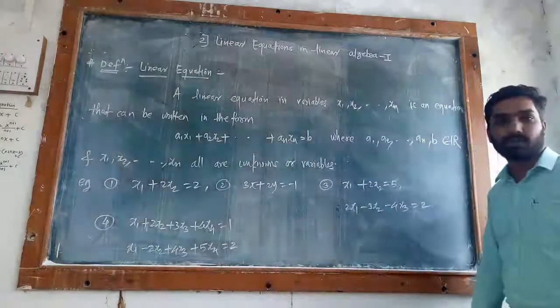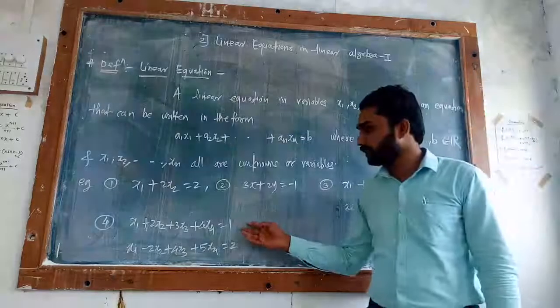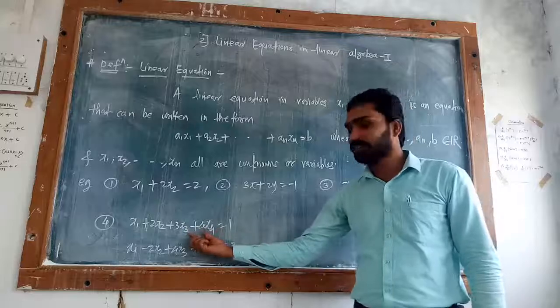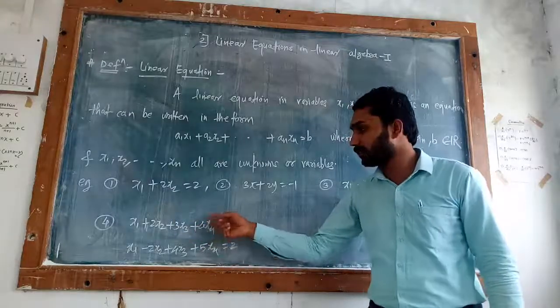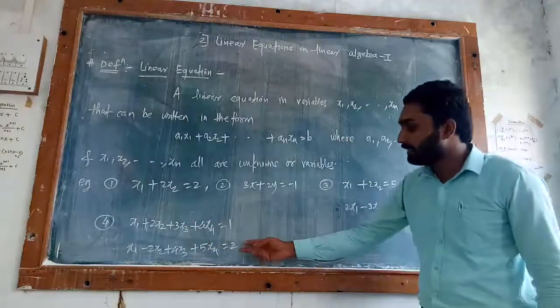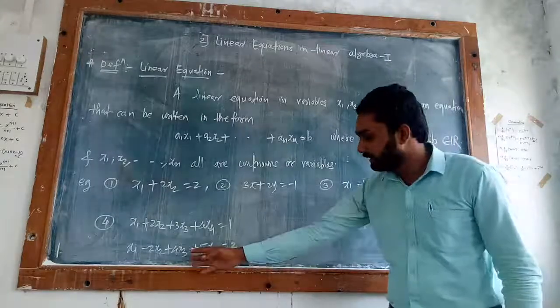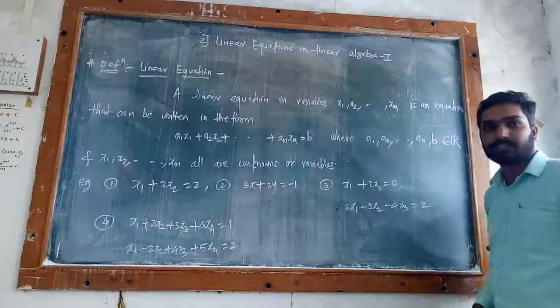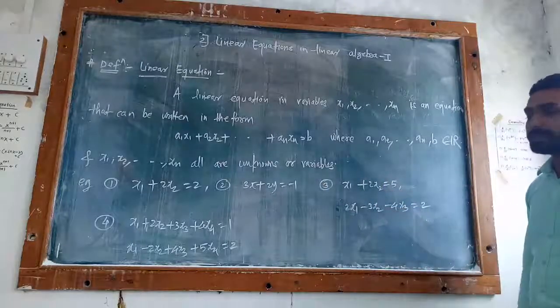In this fourth example there are two linear equations. In the first linear equation there are four variables, x1, x2, x3 and x4, and in the second linear equation there are also four variables. All such examples are linear equations.